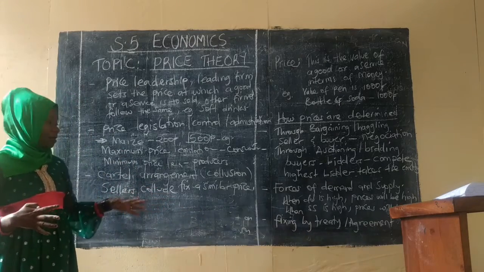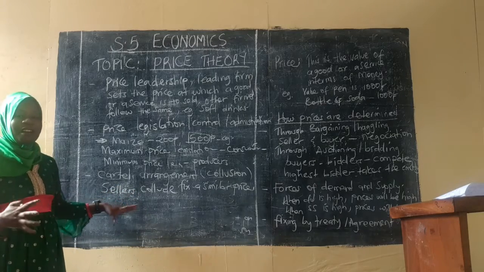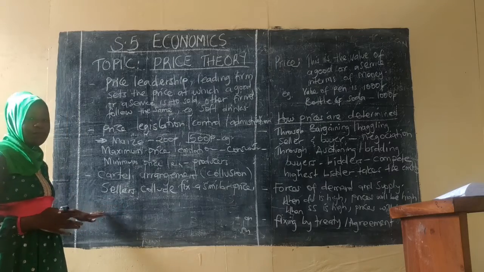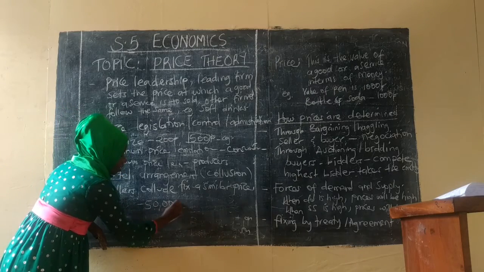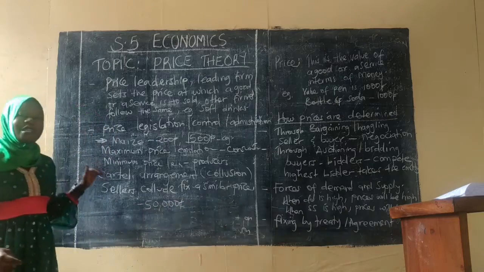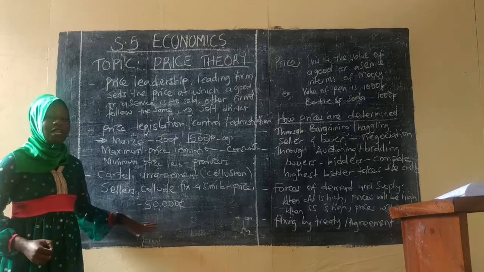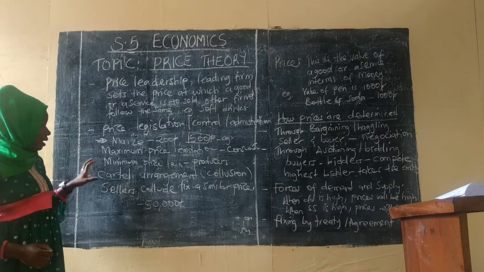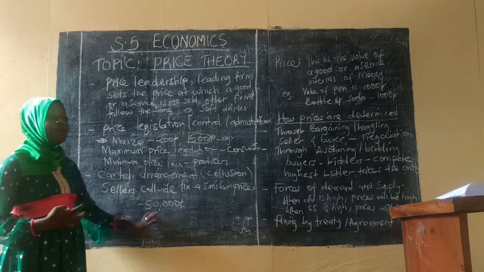The population numbers are very big, so the bus people can decide and say, let us take, for example, from Kampala to Mbarara, let the price be $50. They come together and agree on a price at which they have to sell or they have to transport their people.